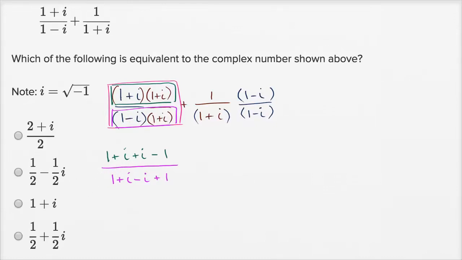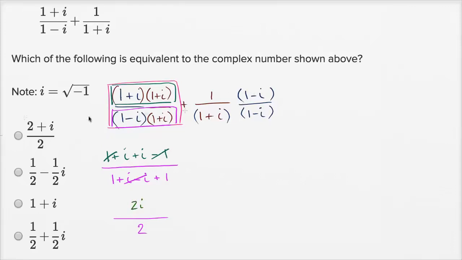You're going to have 1 minus 1, so those cancel out, and this i minus i is just 0. So in the numerator, you have 2 times i, and in the denominator, you have 1 plus 1, which is equal to 2. I could simplify this, but my goal isn't to simplify this. My goal is to have a like denominator, so I'm just going to leave it like that right now.